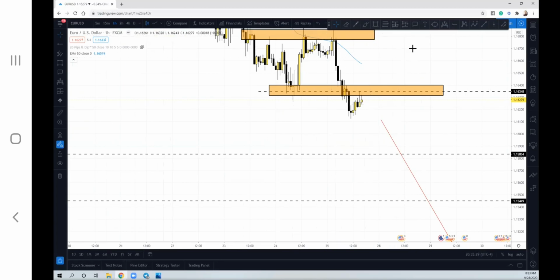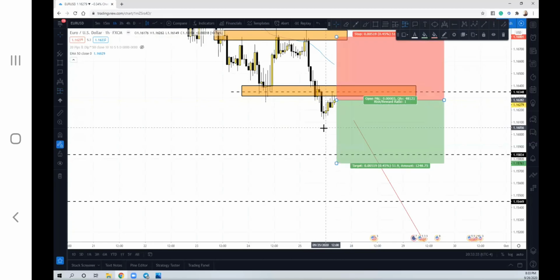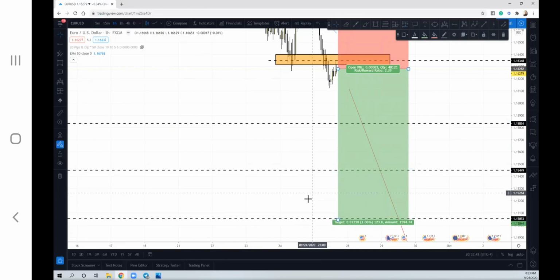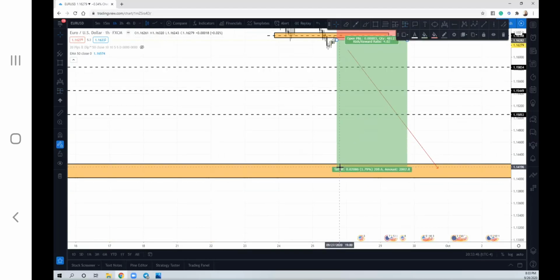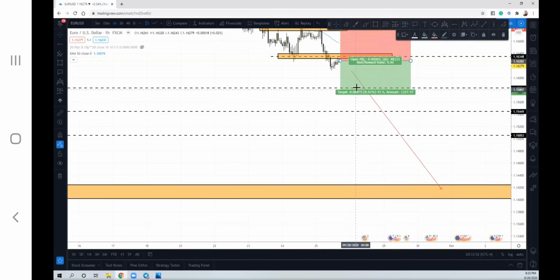So I would want to short this position here and work my way down to my first target here, my second target here, my third target, and more of an intraday trade would be down here, right? The first take profit will be kind of like a scalping target, right?